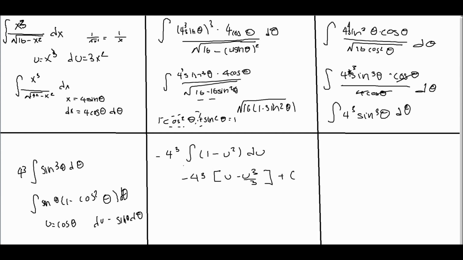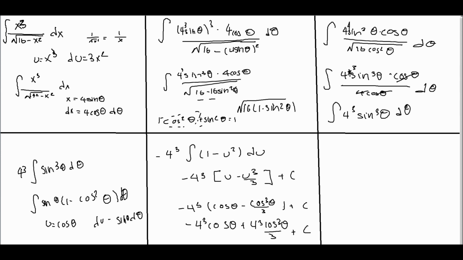And now we're going to plug back our original values of u into the equation. So it's going to be negative 4 cubed times cosine theta minus cosine cubed theta over 3 plus c, which means that our equation is actually going to be negative 4 cubed cosine theta plus 4 cubed cosine cubed theta over 3 plus c.